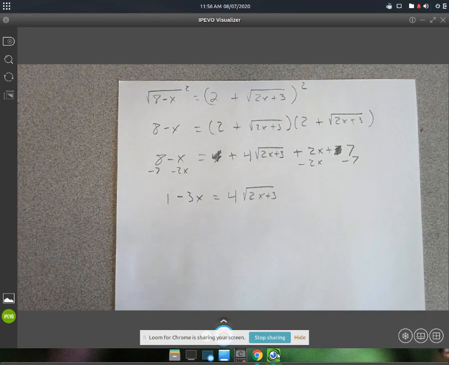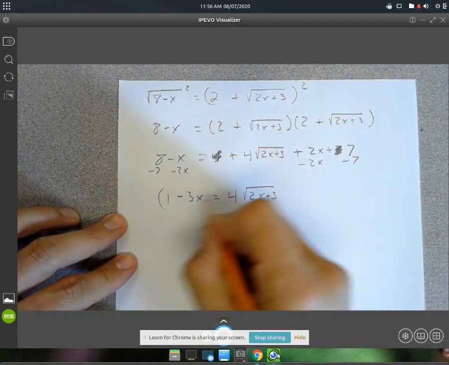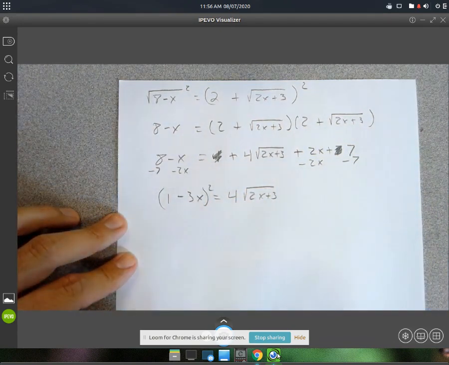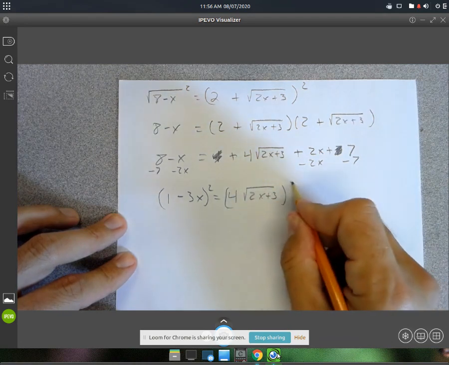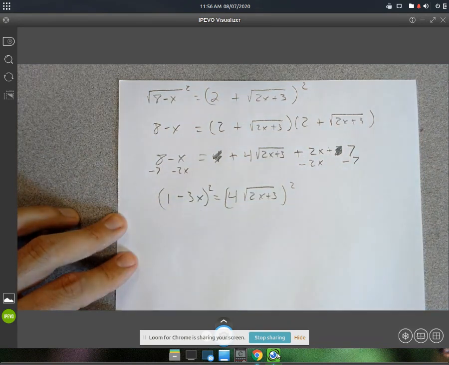All right, in that last example, we were able to divide everything by 4, but we can't with this one. So let's go ahead and square both sides. We've got this radical isolated, so that's why we want to do that. All right, let's multiply 1 minus 3x times another 1 minus 3x.